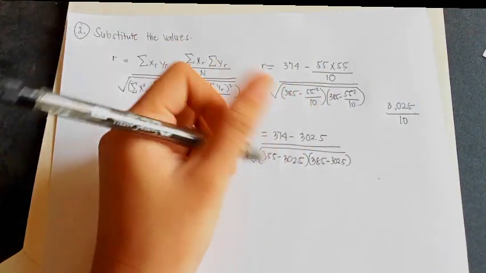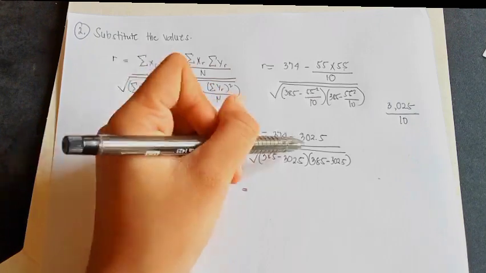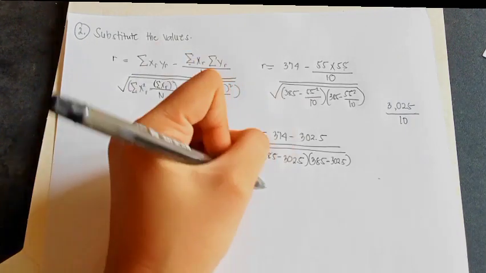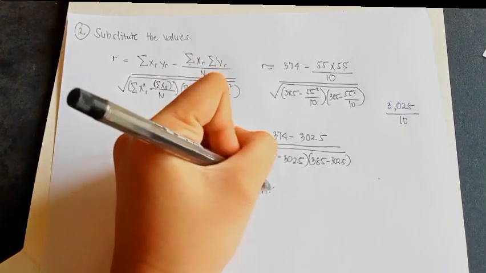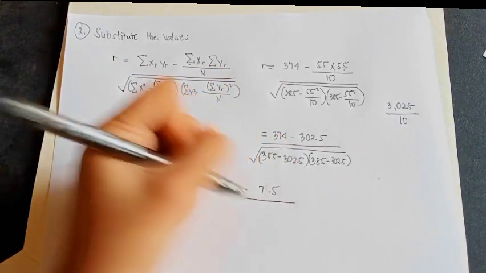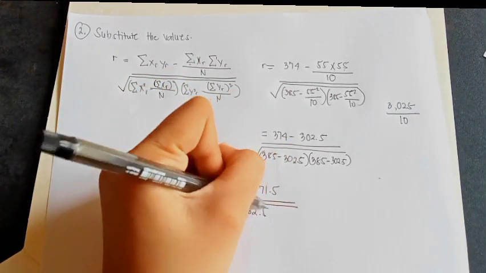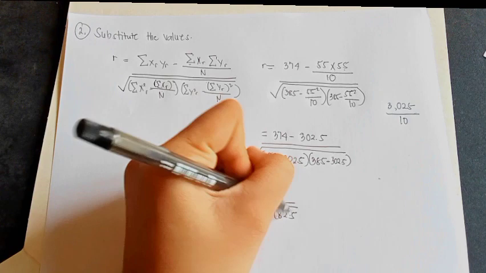And now let us subtract this. 374 minus 302.5 is 71.5. Over 385 minus 302.5 is 82.5. Same as here, 82.5.